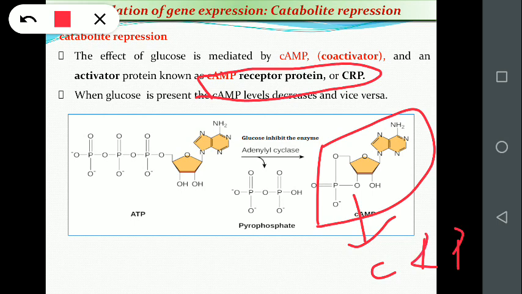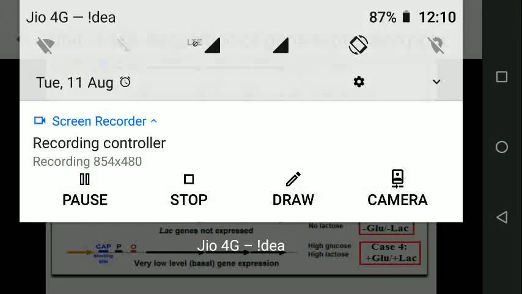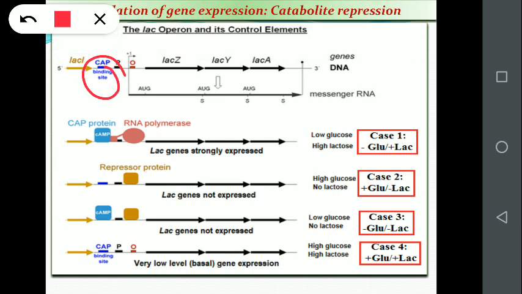This CRP with cyclic AMP binds to the CAP site of the lac operon. So the lac operon has one more additional region, the CAP site, which is bound by cyclic AMP and CRP.